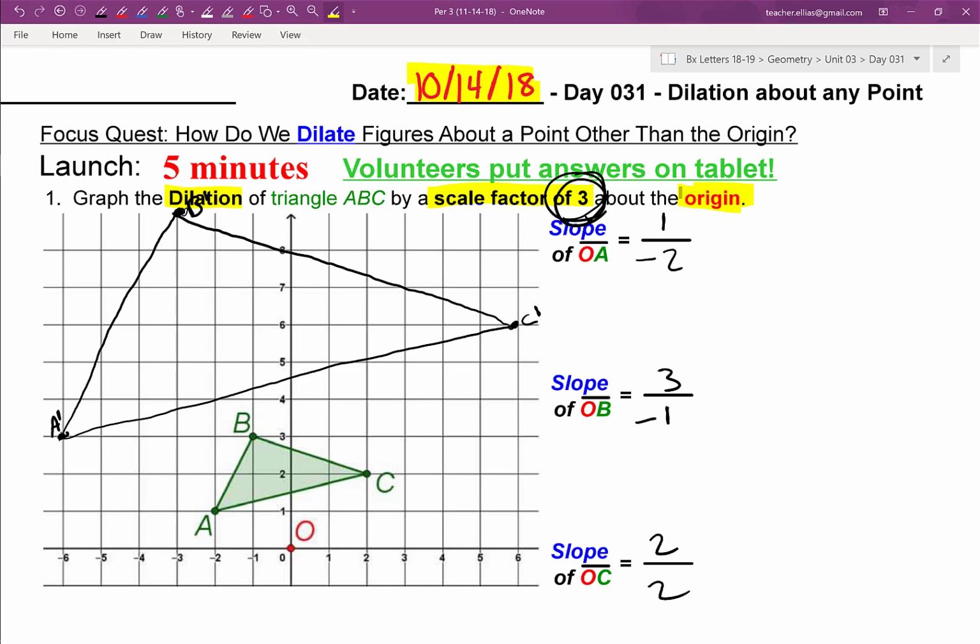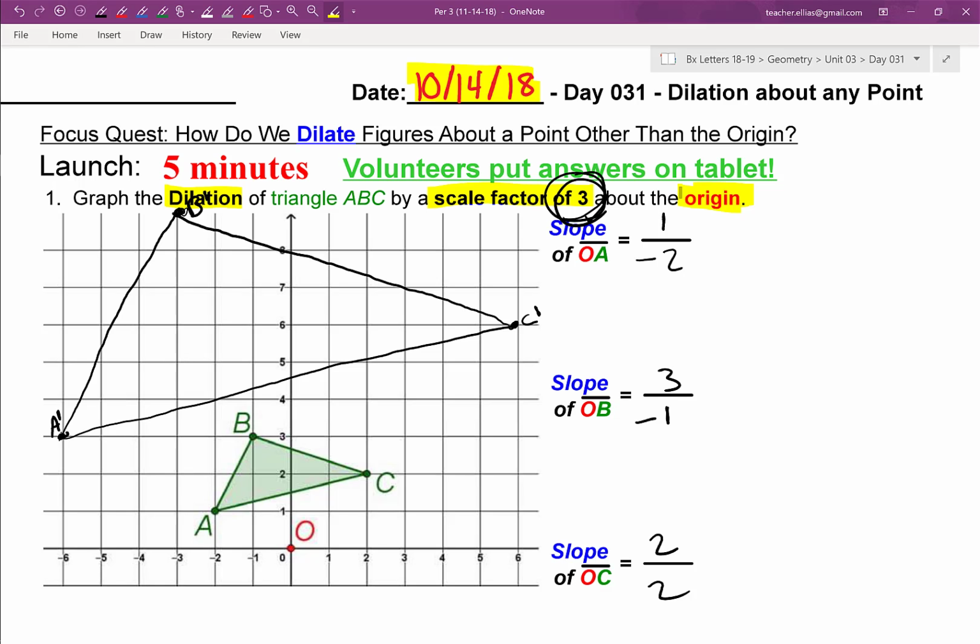Based on what we figured out, is this going to get bigger or smaller? Bigger. Why bigger? That's perfect. It's a whole number that's bigger than 1. Out of curiosity, how many times bigger is it getting? 3 times.